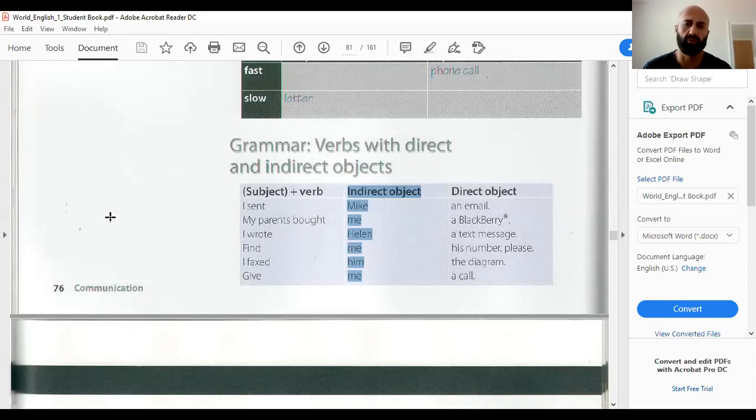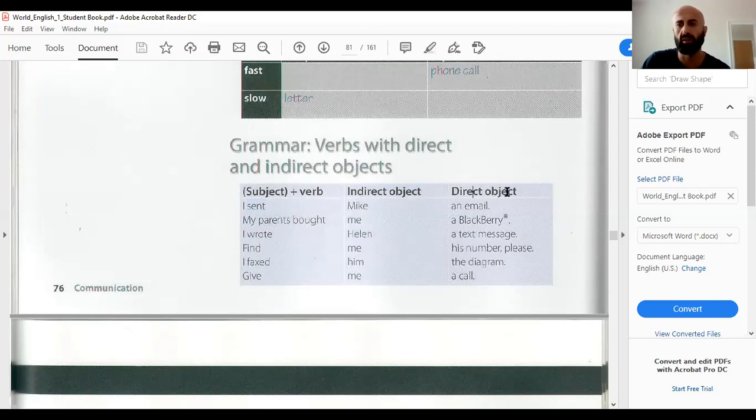So here in these examples, you can see that there is a subject, a verb, and then you have an indirect object and a direct object. The direct object is the object that the action in the verb affects. So, I sent the email: the direct object answers the question of what. What did I send to Mike? An email.